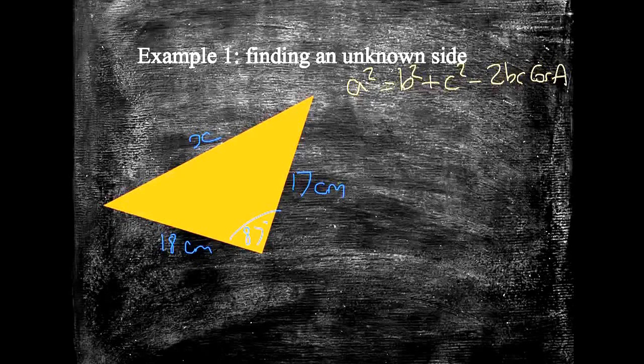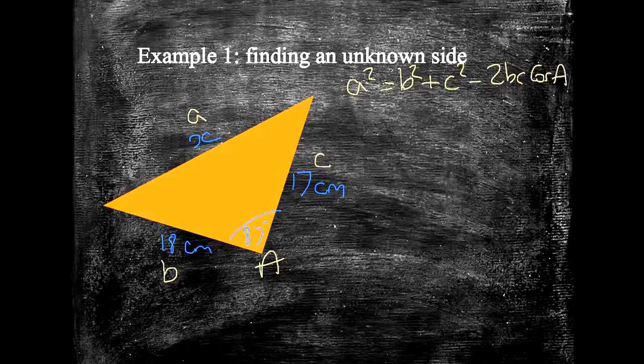I need to have cos A. That means that I've only got one angle here, so this has to be A, which means that this side is little a, and actually the other two sides really doesn't make any difference, so I'll call it B and C. I can then start to substitute values into my formula, and a is x.